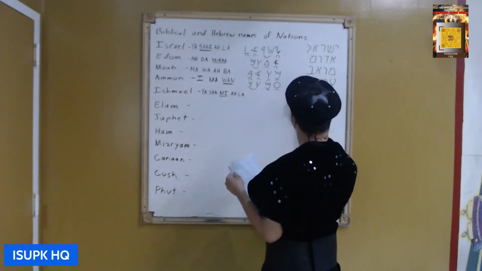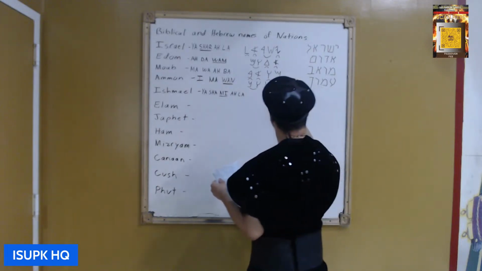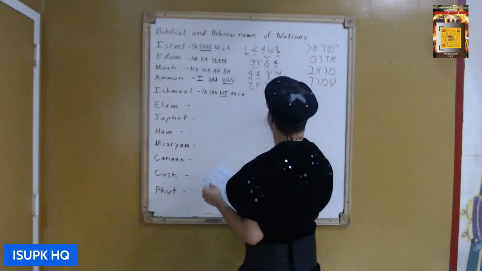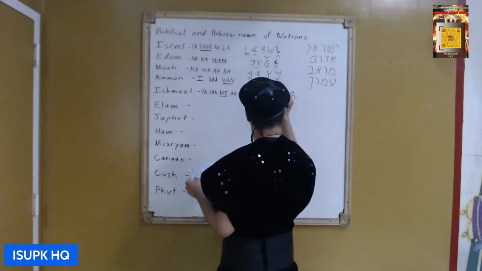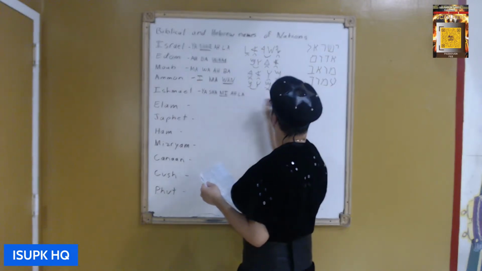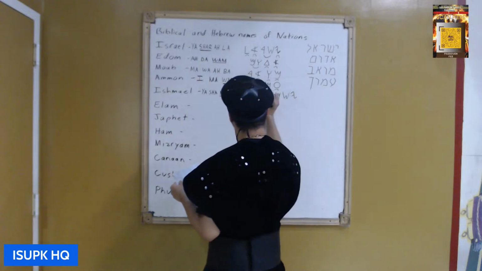So let's see. Do the ya. Then the sha. And then the ma. And then the I. And the ah.